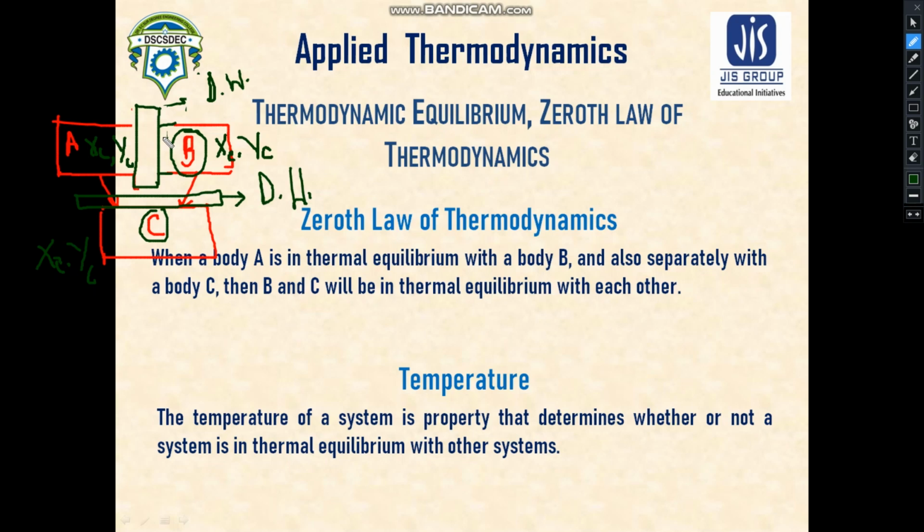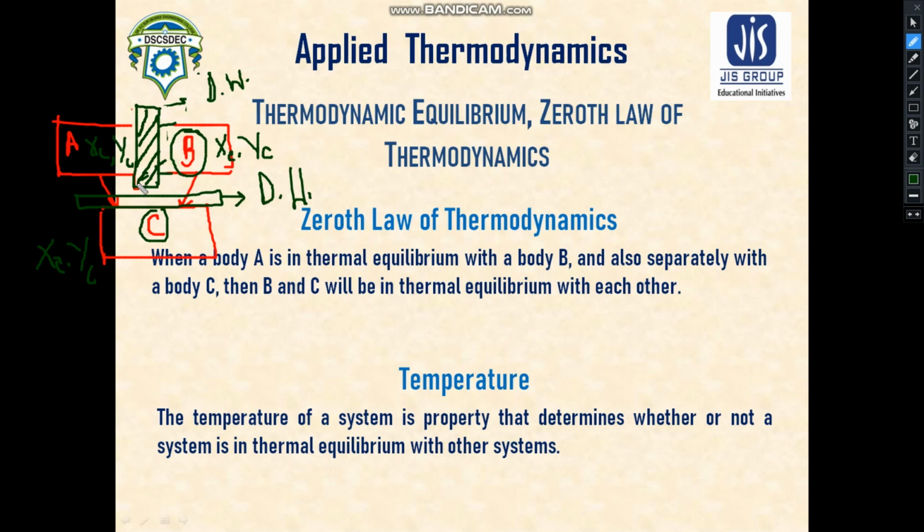Okay, is it understandable? I think that means, in the first case you have separated the systems A and B with an adiabatic wall. So they don't interact with themselves.